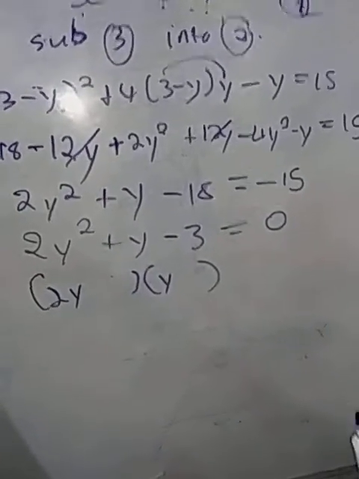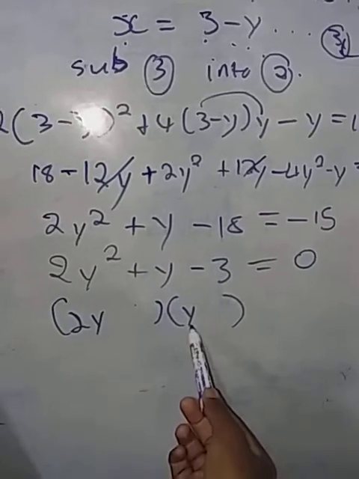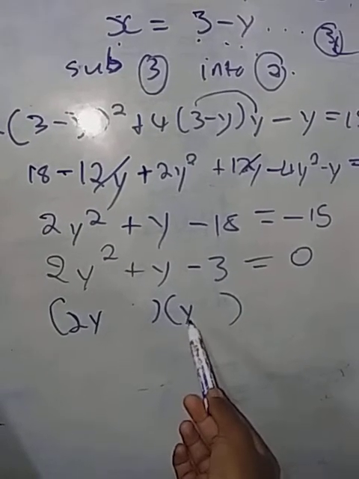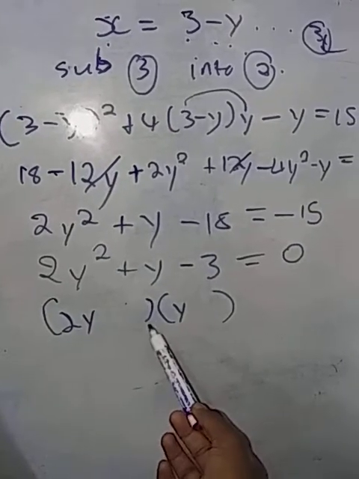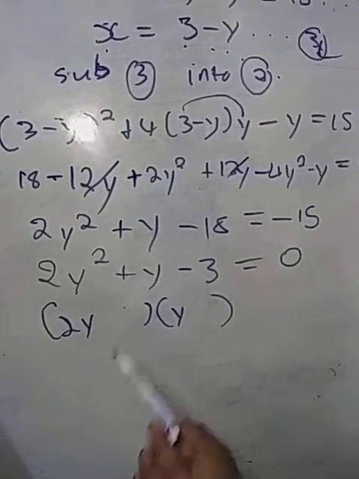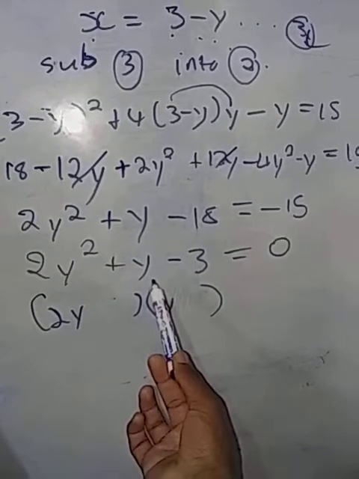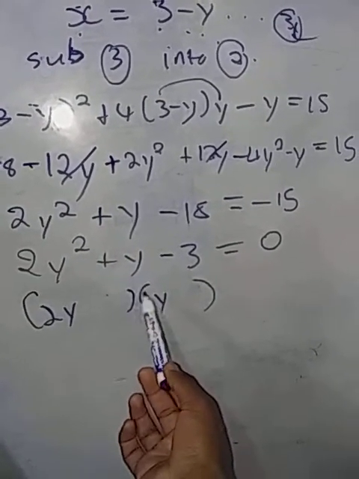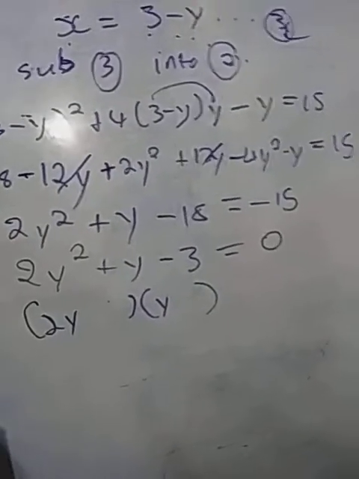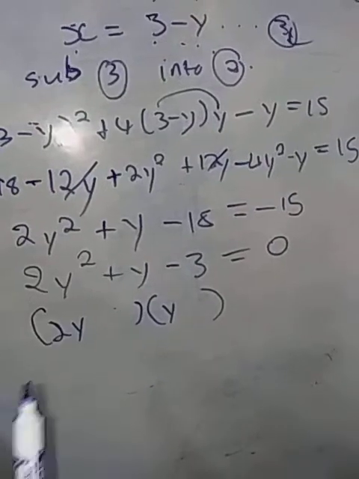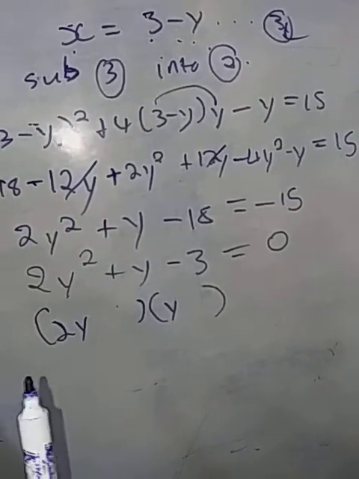But since you have 2y here, if you minus y, you're going to have this y, right? Then you know that when you multiply 3 by 2y, it's going to give you 6y.